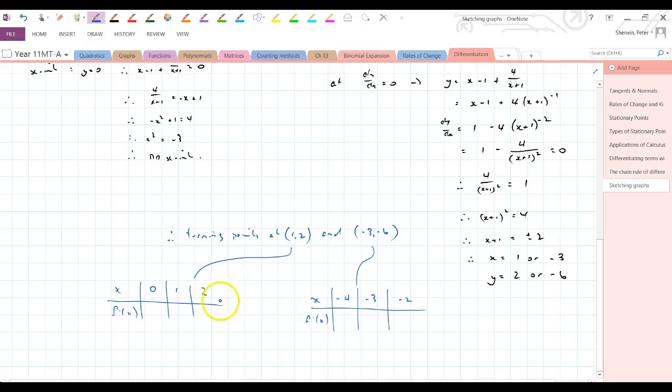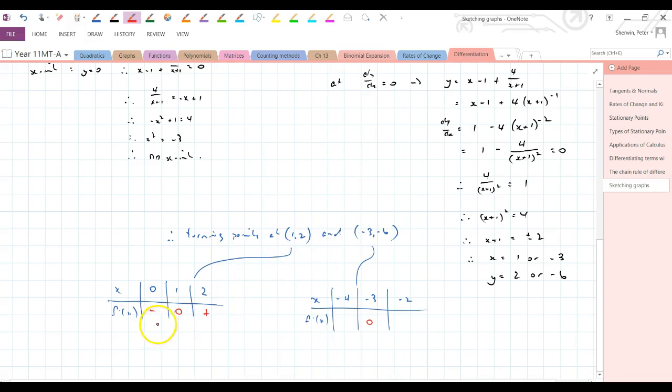So we know that we've got 0 here and 0 here. At 0 we're looking for the derivative, which I've written out as 1 minus 4 over (x plus 1) squared. Put 0 in there: 0 plus 1 is 1 squared, which is 1. 4 over 1 is 4, so 1 minus 4, so we've got a negative there. Put 2 in here: 2 plus 1 is 3 squared is 9. 1 minus 4 ninths, that's going to be positive.